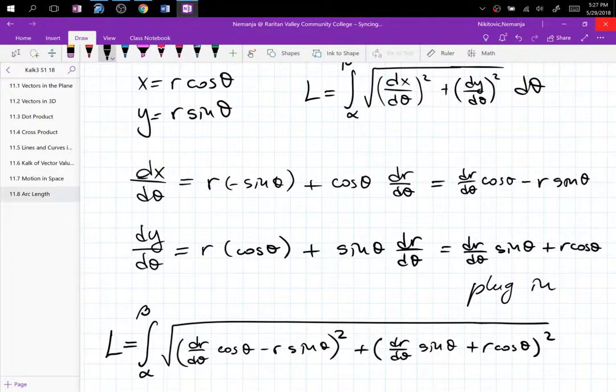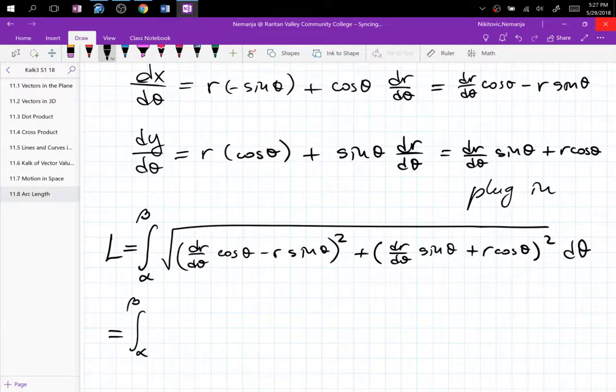So now I have the integral from alpha to beta, and I have to actually expand all of this. I'm going to have 6 terms, and 2 of those, which are the middle terms, will happen to be the same with opposite signs. They will cancel. So now I have dr d theta squared cosine squared.